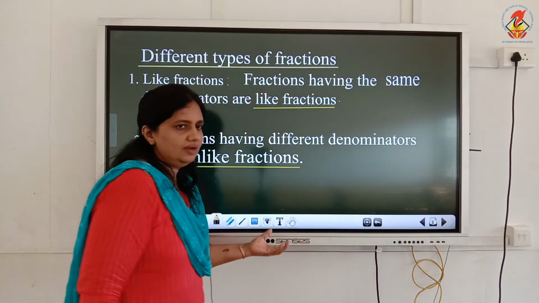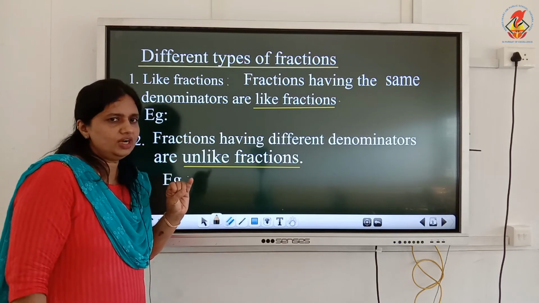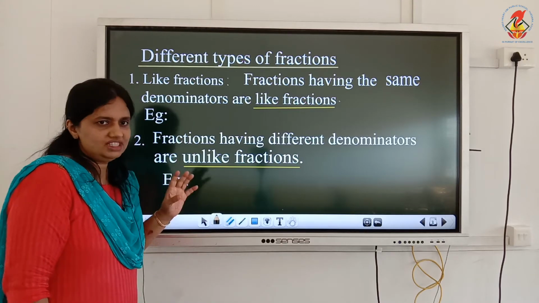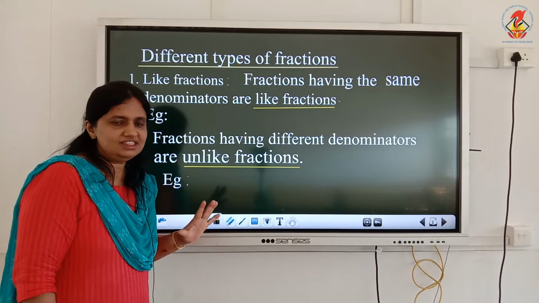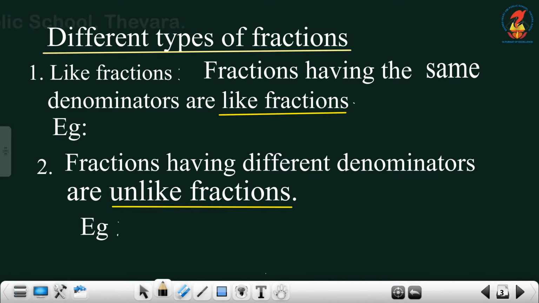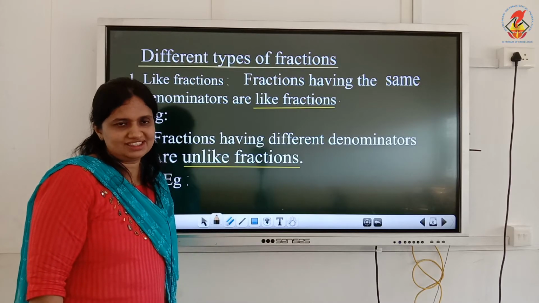After that I will tell you the different types of fractions, right? The first one is like fractions. First time only you need to listen in the class. I will tell you what like fractions are. Fractions having the same denominators are called what? Like fractions.